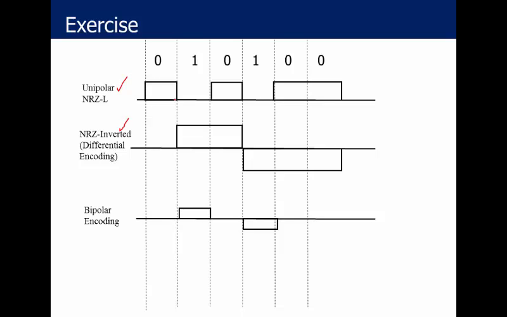NRZI, if there is a transition at the beginning of that interval, then 1, otherwise 0, right? Yeah, there is a 1. So it should be here. Transition, right? From 0 to top, there's a transition. So that should be 1. And in the beginning of this, there is also a transition, so 1. In the beginning of this, there is a transition, therefore 1.